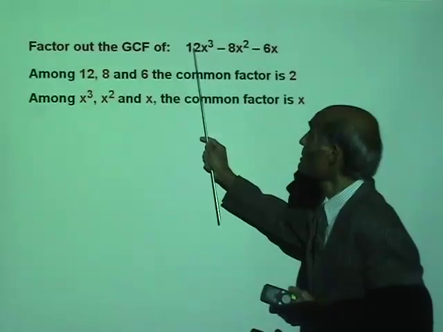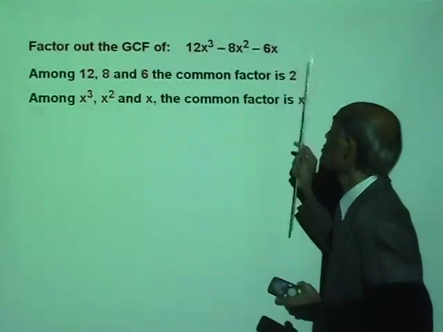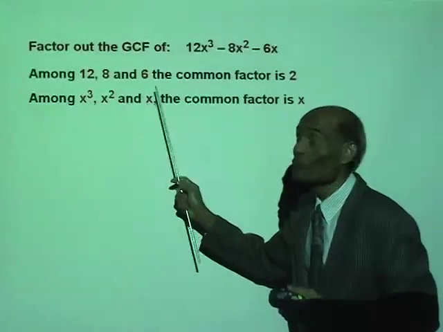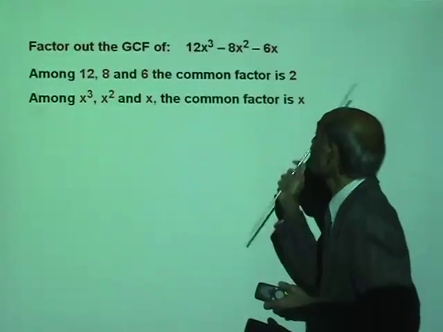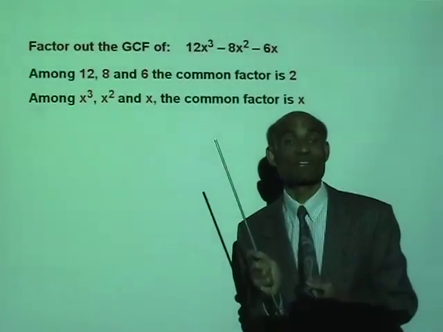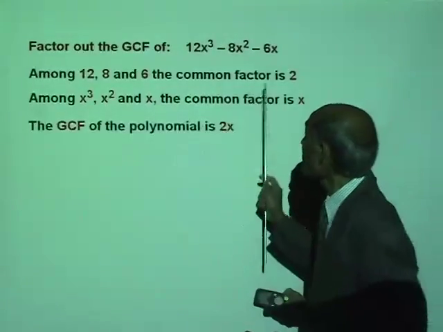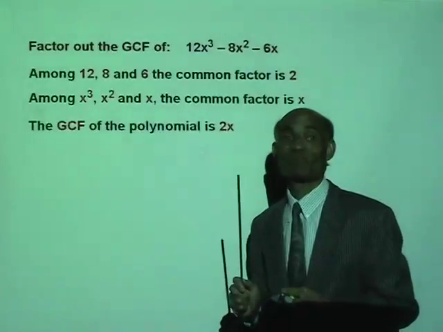So among the numbers 12, 8, and 6, we have 2 as the common factor. Among the variables x cubed, x squared, x, we have x as the common factor. So what is the greatest common factor? The greatest common factor is the product of the two, 2x.